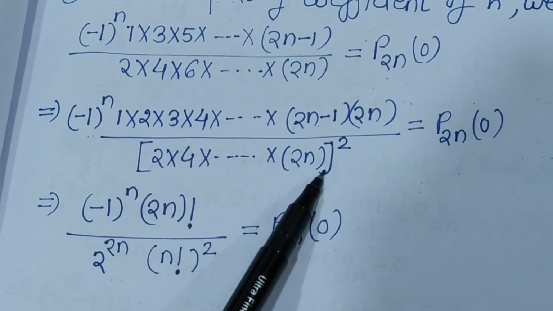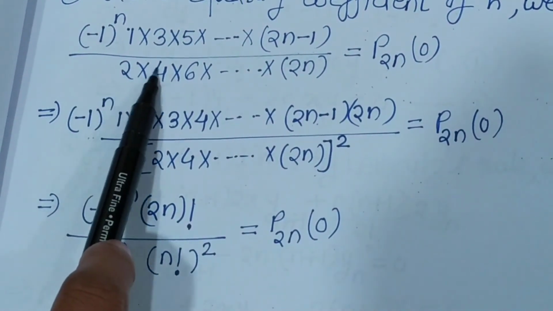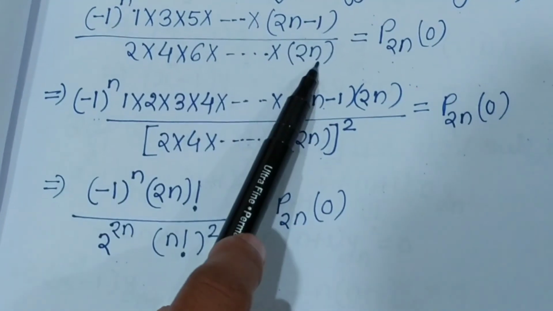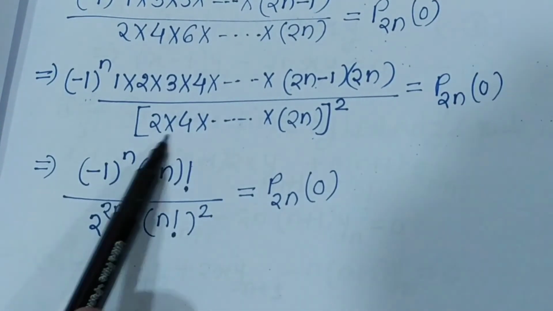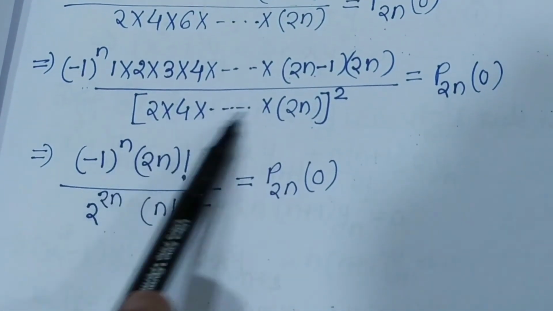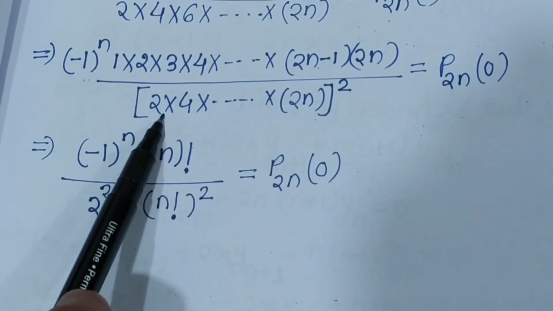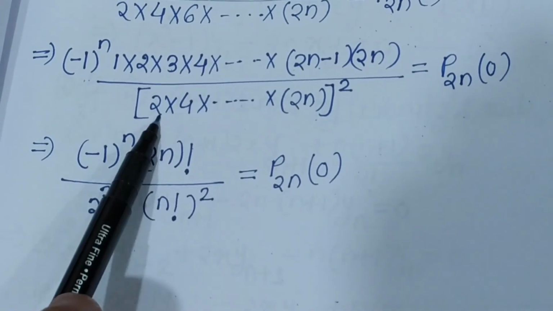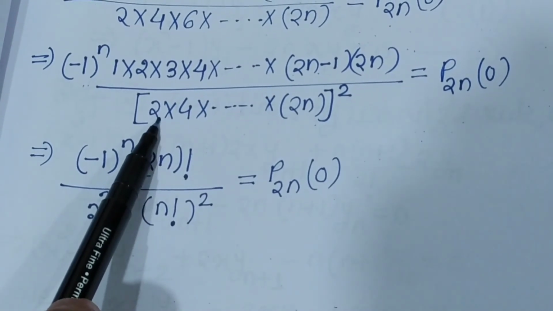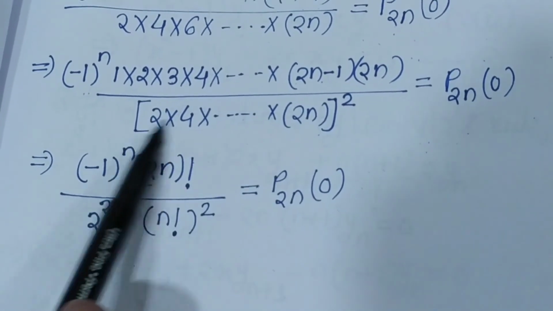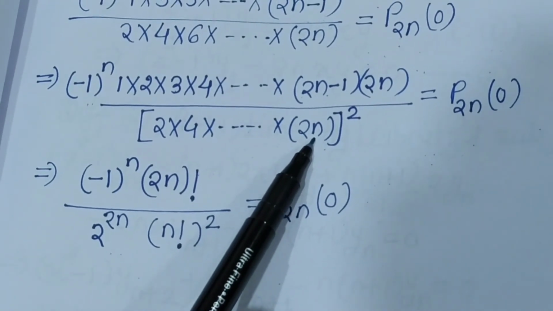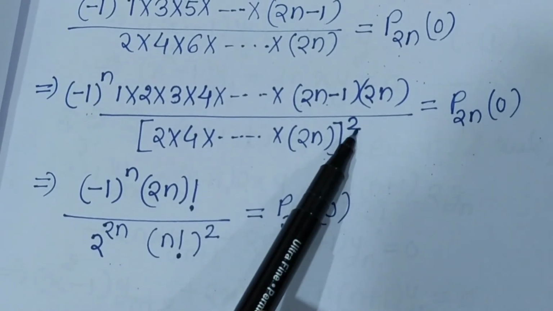Now what about the denominator? Already we have 2 into 4 into 6 up to 2n. Again we have multiplied by the same term, so we get the square of this. Now from this we will take 2 common. How many terms of 2 over here? We have 2n number of terms, and then we are taking the square of that.